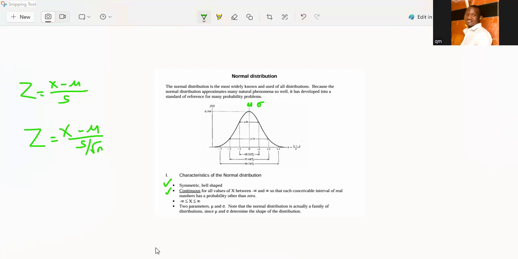If you can see, approximately 68% of all the data ranges within one standard deviation of mu. We have 95% falling within two standard deviations of the mean, which is mu, and 99.7% falling within three.